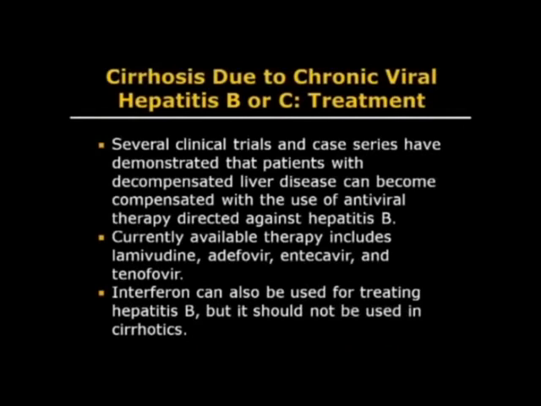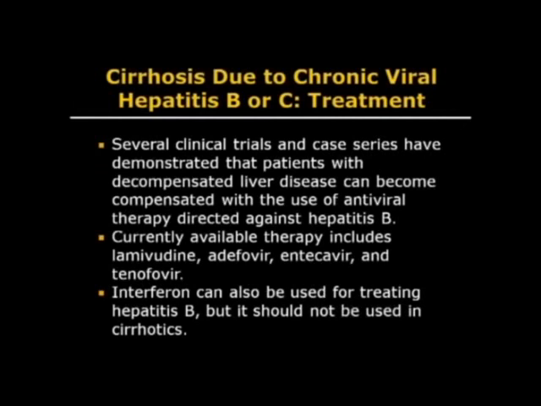Several clinical trials and case series have demonstrated that patients with decompensated liver disease, that means in heart failure already, decompensated, right? can become compensated with the use of antiviral therapy directed against hepatitis B.